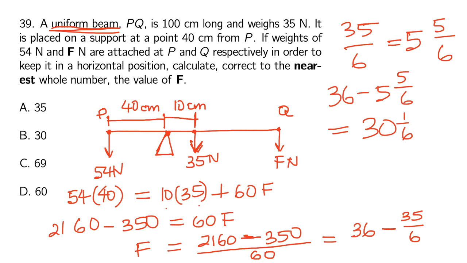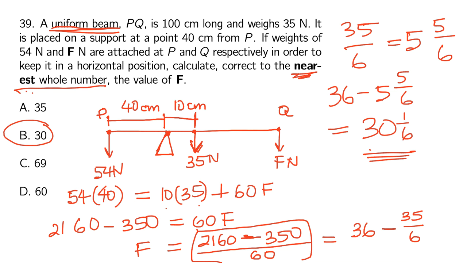So that's our final answer, 31/6. And it says we should find it to the nearest whole number. So the nearest whole number to 31/6 is 30. So that's our result. But again, like I said, you can punch this into your calculator and just get the answer and not worry about it.